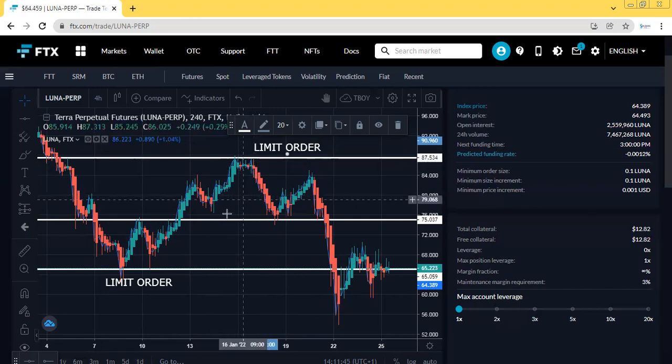Are you getting it? Assuming that the price is going like this and you place your sell limit order here, once the price touches this place, that is the sell.